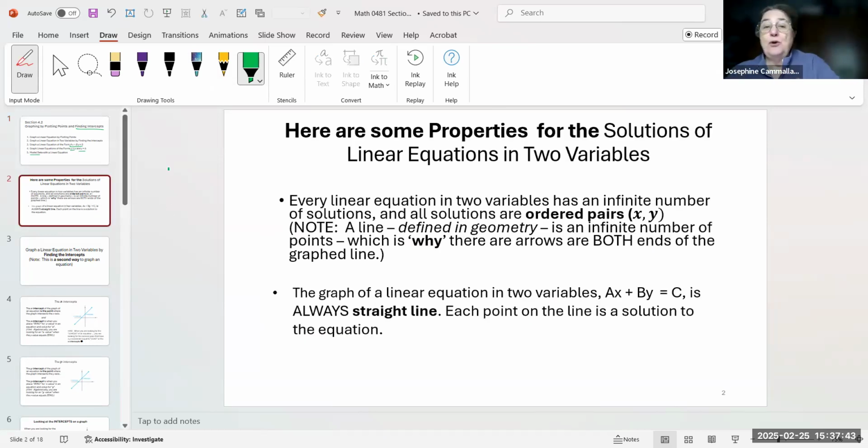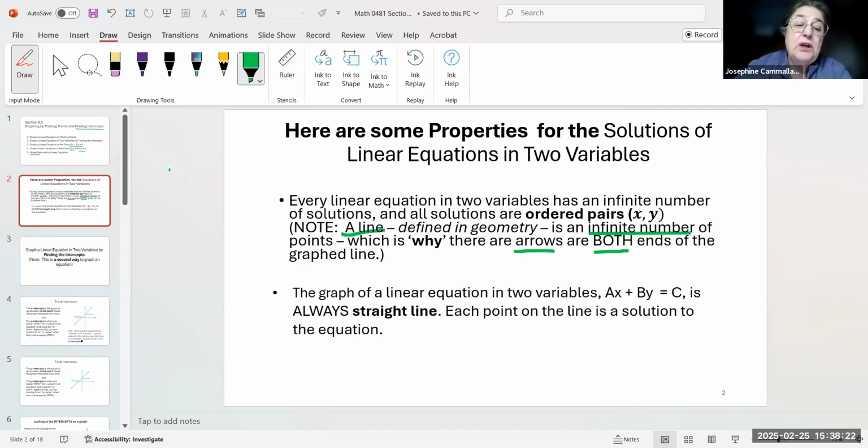Okay, now, here are some properties that we're going to need to be aware of. Some of the properties for the solutions of two variables is that, as we spoke about, you need to make sure that you write your answer as an ordered pair. Also, when we graph a line, you have to remember that a line has an infinite number of points, which is why there are arrows at both ends of the line.